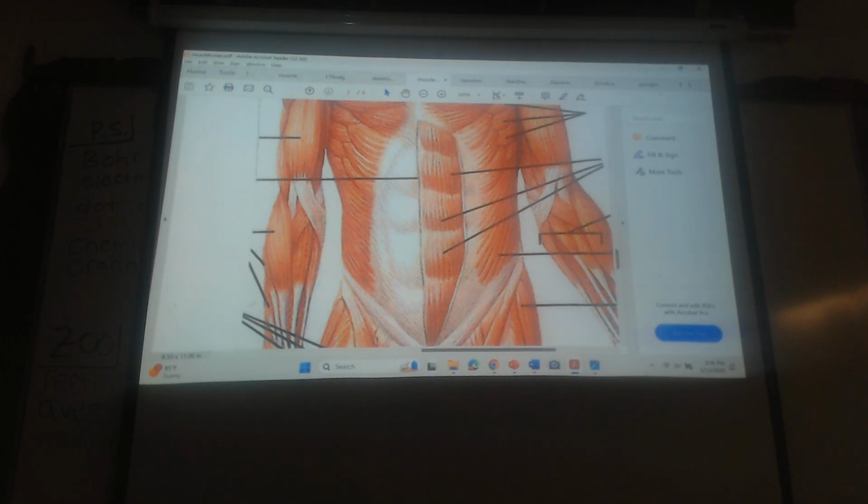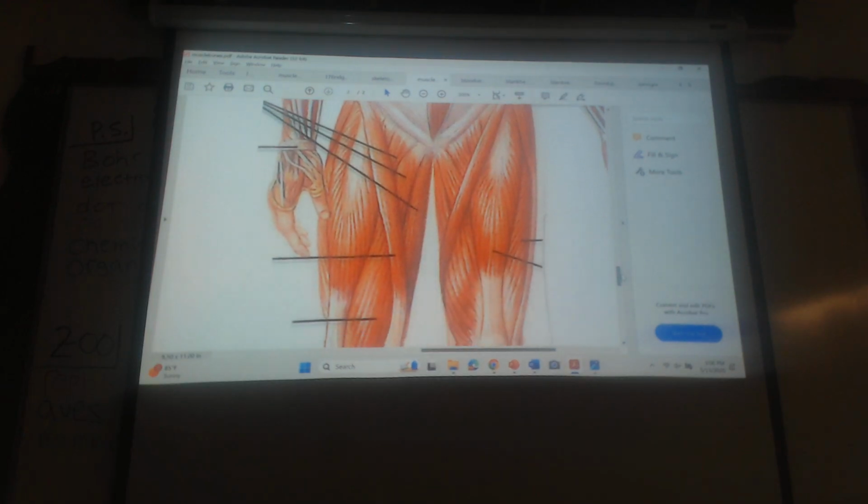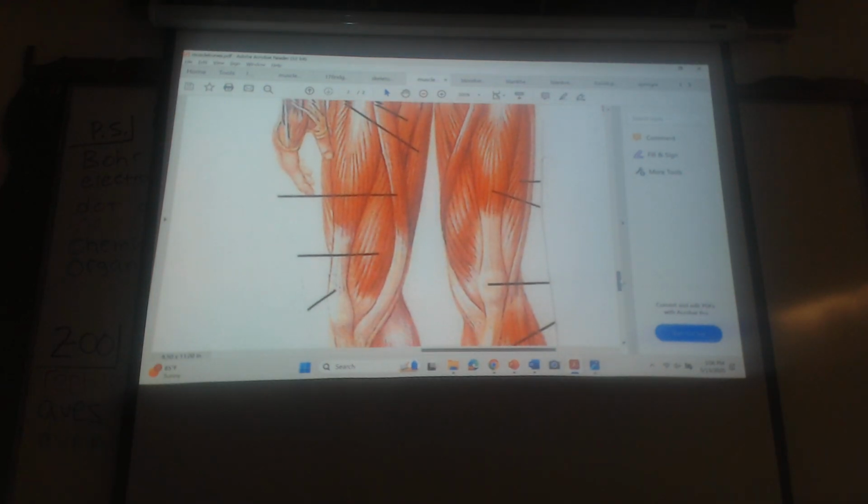Now, there's more than one muscle that has rectus in its name. Do we know where the other one's at? And it's part of the quadriceps group. Quads. That's right. But it doesn't say where it's at, though.